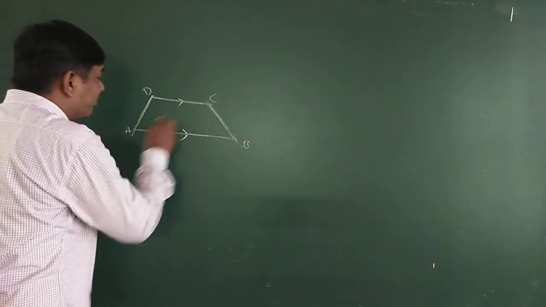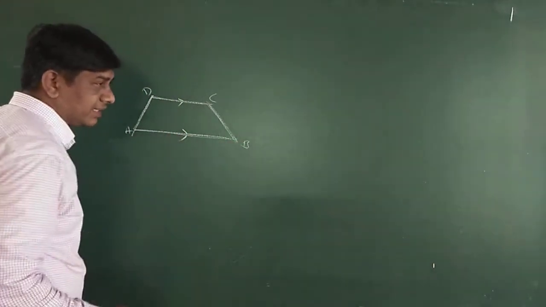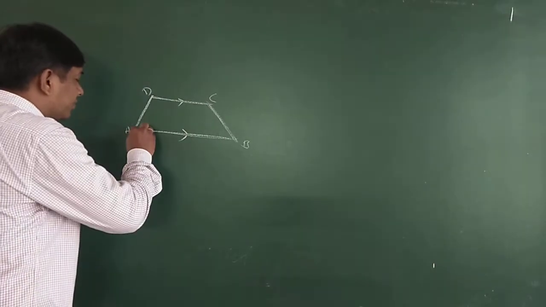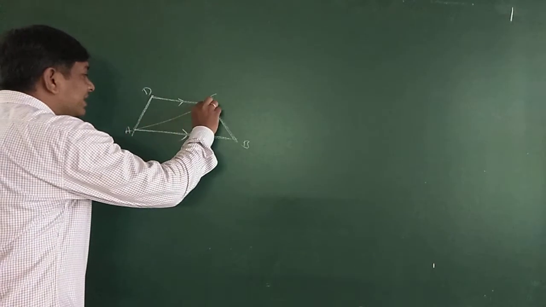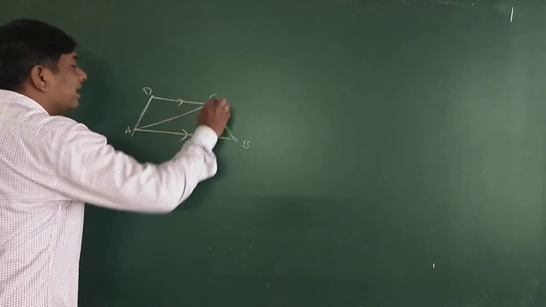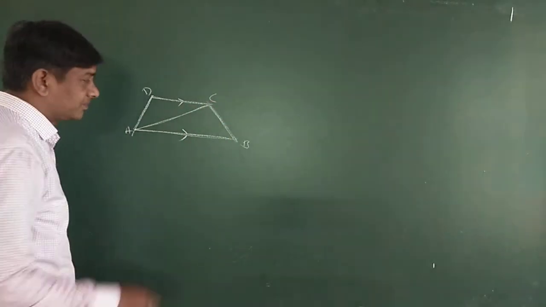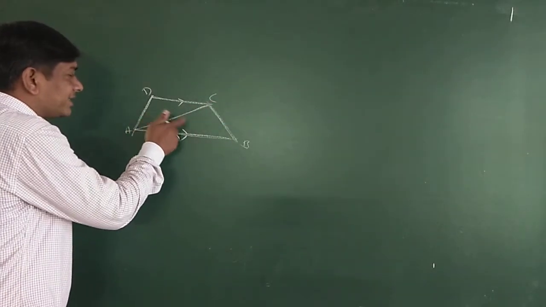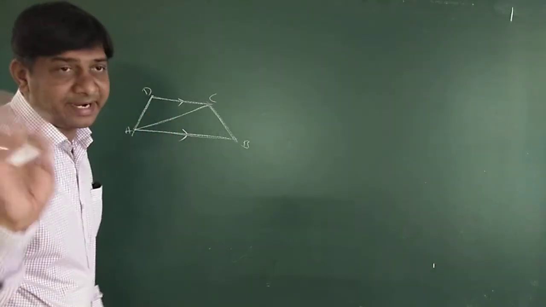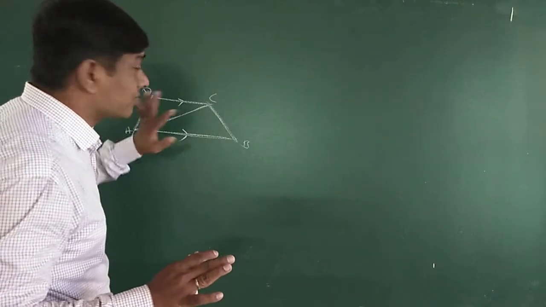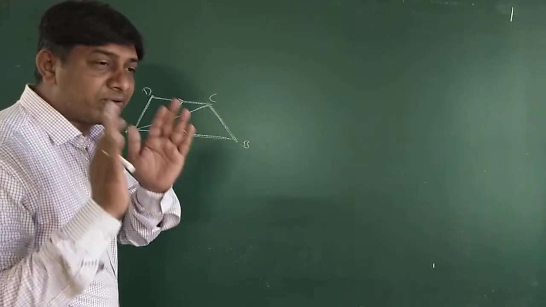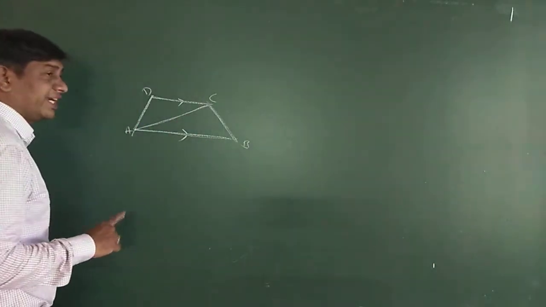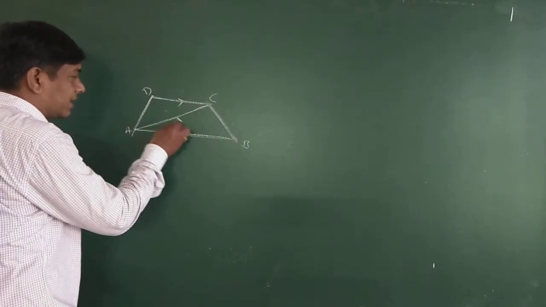And these are the one pair of parallel lines in a trapezium. When you join A to C, this is a diagonal of the trapezium. Each diagonal divides it into two triangles. I'm not saying they are congruent, just that each diagonal divides it into two triangles. This is one triangle.